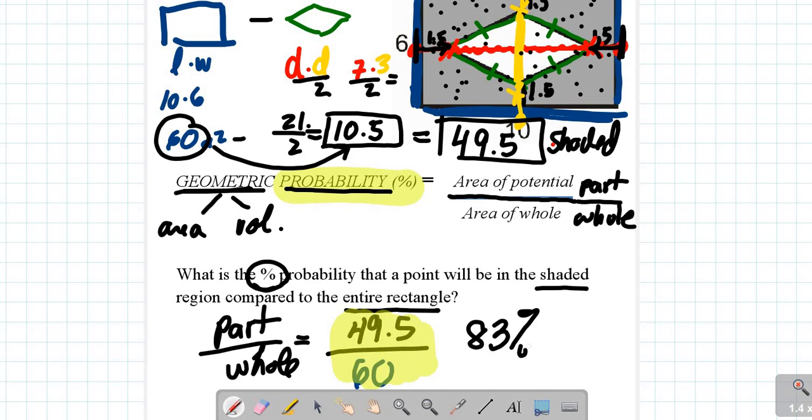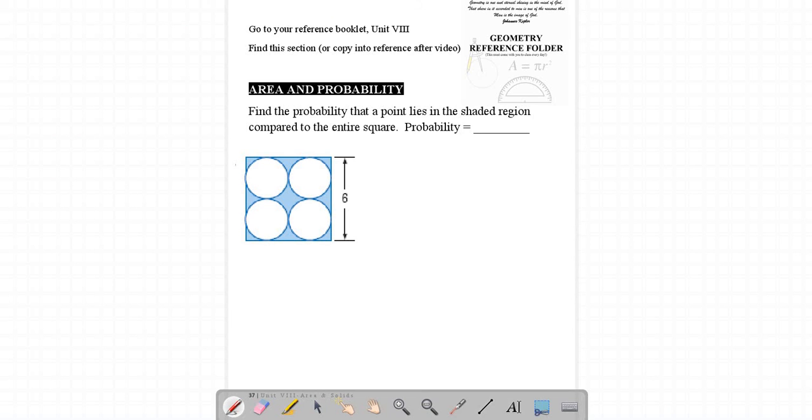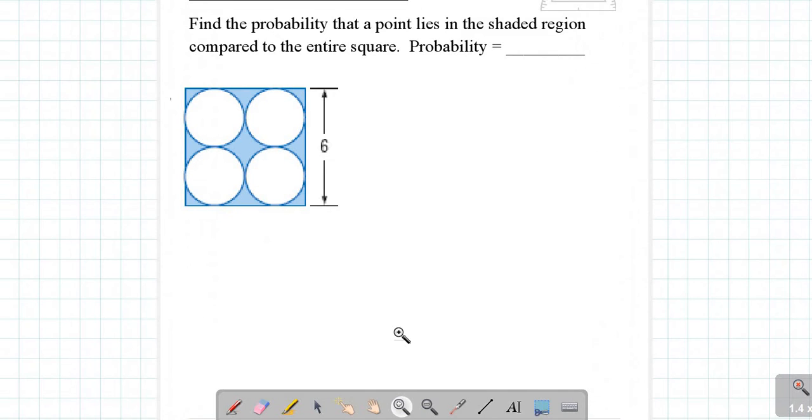Let's do 2 more. I'll make this as quick as I can. It says, find the probability. The minute you see the word probability, I like you to put the word percent above it. That a point lies in the shaded region compared to the entire square.